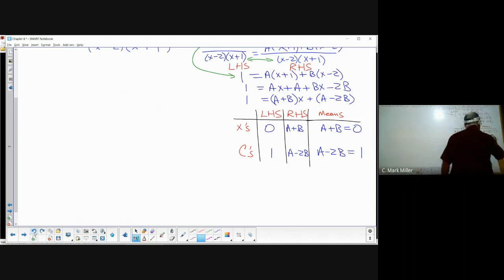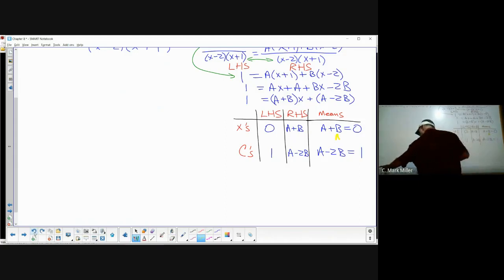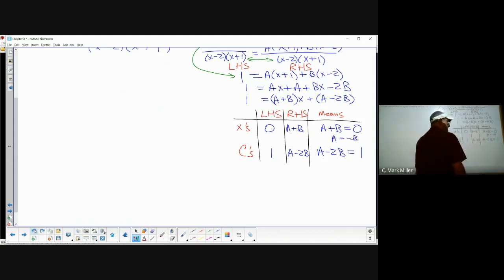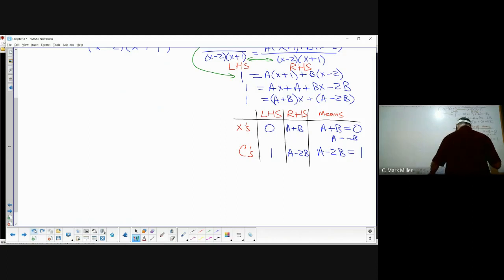So from this right here, I get A. A is negative B. And so plug that in down here. Negative B minus 2B is 1. Minus 3B is 1. That tells me B equals minus 1/3.